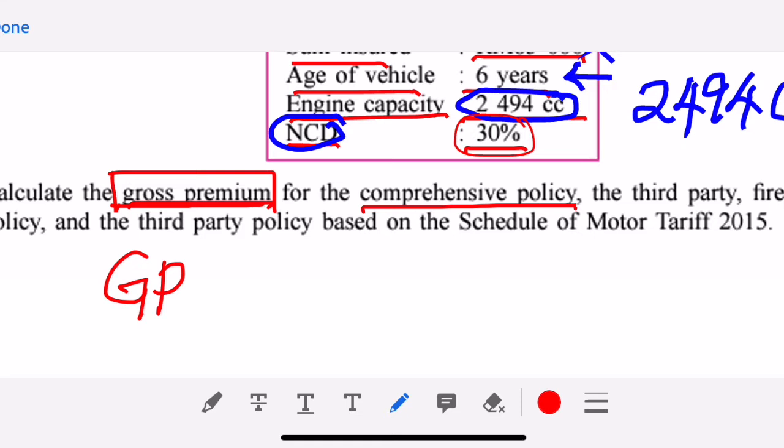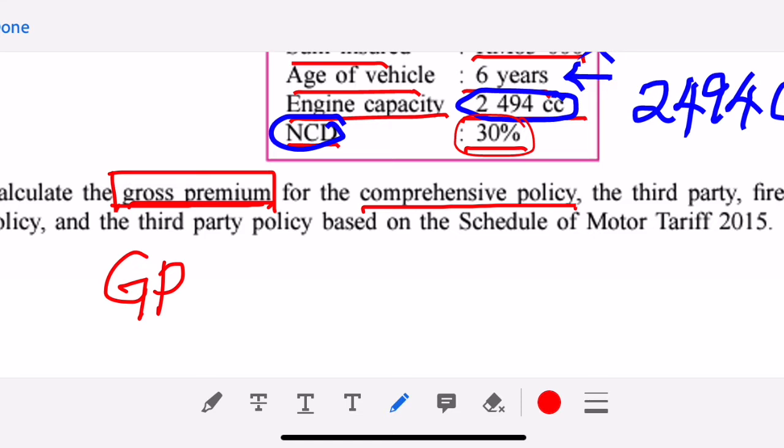Inche Zakri actually bought the comprehensive policy, right? So how many types of policy do we have for motor insurance? You still remember or not? For motor insurance, we have the third party policy, the third party, fire and theft policy, and the fourth one is the comprehensive policy.